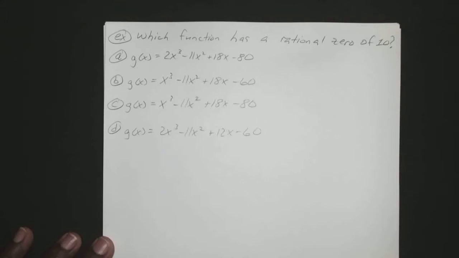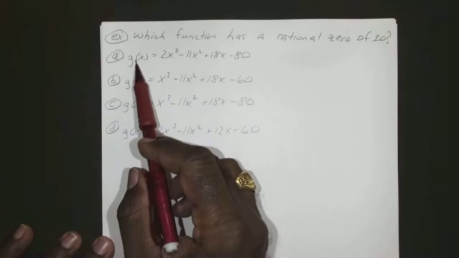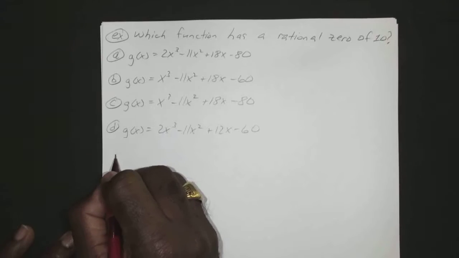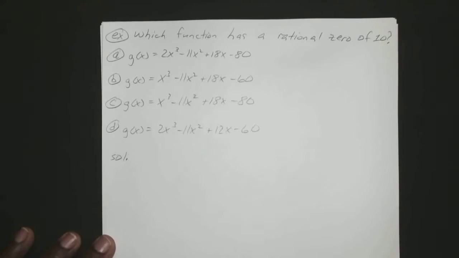Okay. So a rational 0 is just basically saying where f of x is equal to 0. So if you set all of that equal to 0 and you want to find the x values, to be honest, that'd be a whole lot of factoring and a lot of unnecessary work. But we can just use the remainder theorem with synthetic division and it'll solve each one within about 20 seconds.